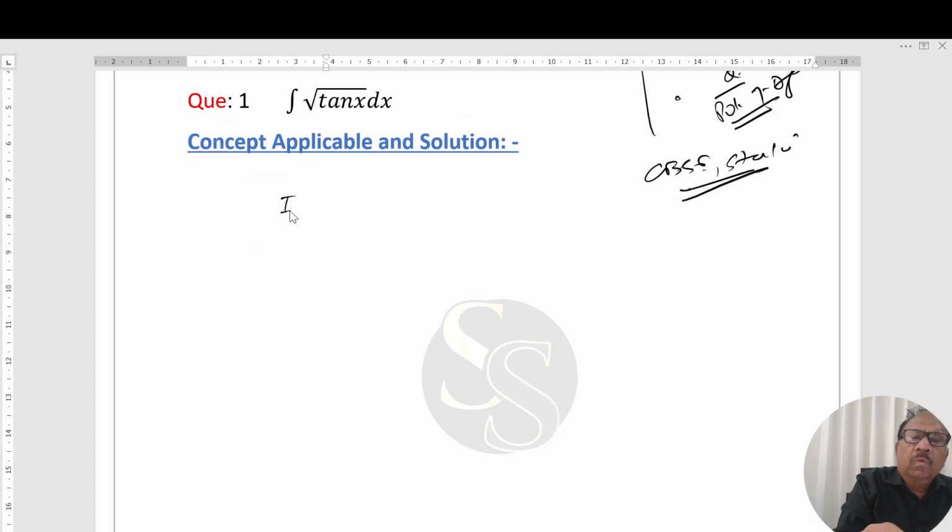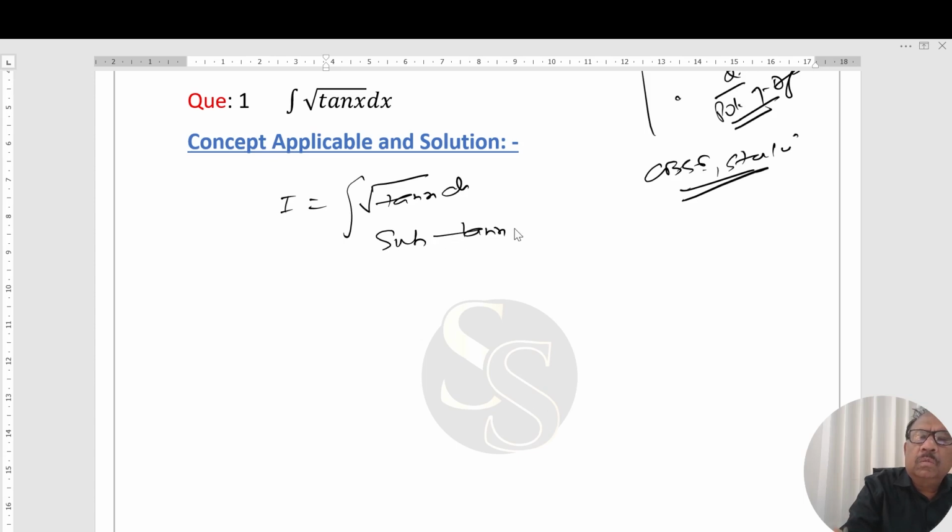This is I equal to the integral of root tan x. Substituting tan x equal to t square.